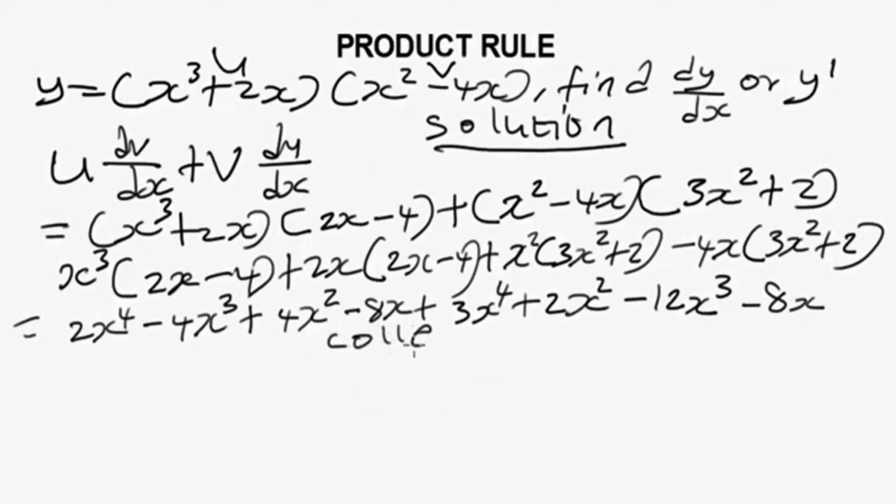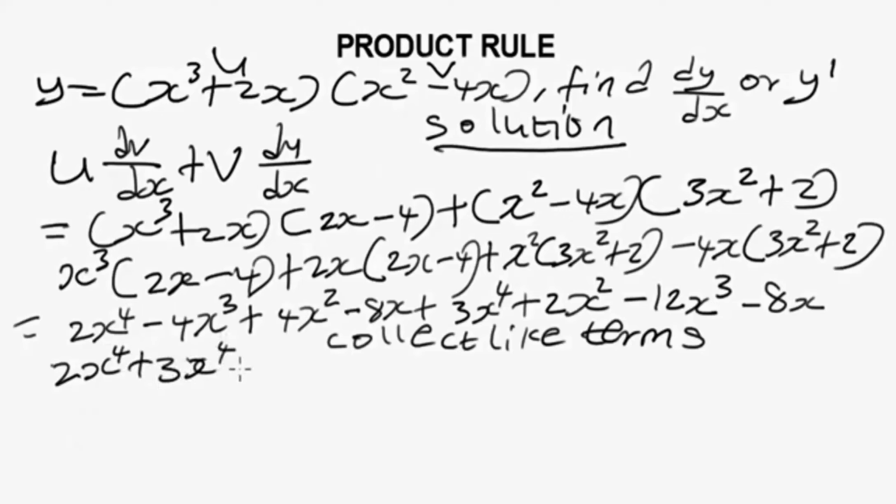Collect like terms. Very, very interesting, guys. To collect like terms, let's bring the terms that are similar. Let's begin with the term that has the highest power, which is 4 in this derivative. So we have 2x raised to the power 4, plus 3x raised to the power 4. Now let's continue with the one that has 3.